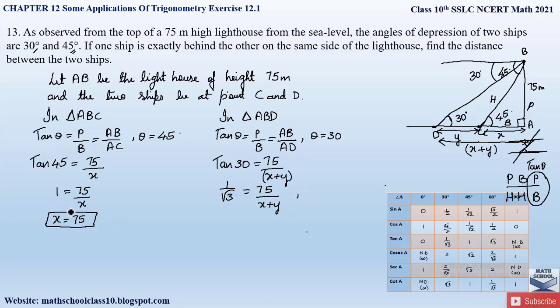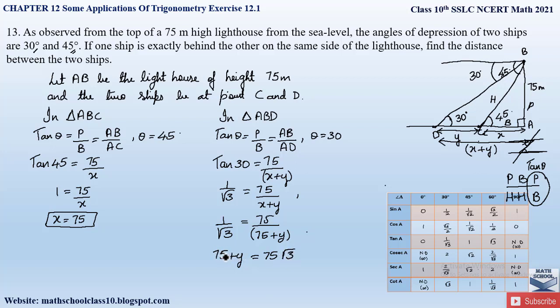But here we know that X value is 75. Let us substitute that also. So 1 by root 3 is equal to 75 divided by X, which is 75, plus Y. Cross multiplying, 75 plus Y into 1 will be 75 plus Y equal to 75 root 3.